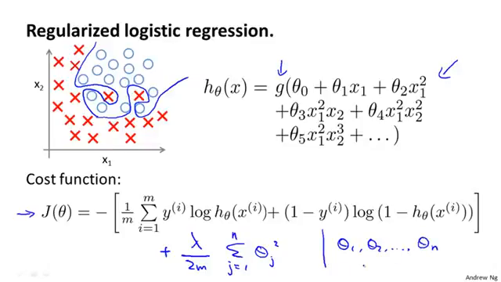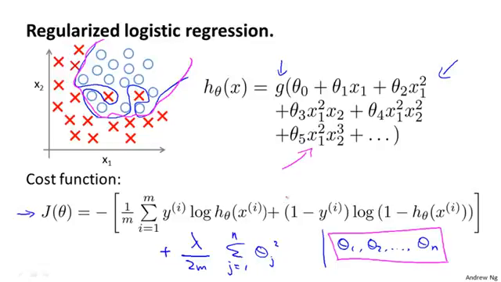And if you do this, then even though you're fitting a very high order polynomial with a lot of parameters, so long as you apply regularization and keep the parameters small, you're more likely to get a decision boundary that looks more like this and looks more reasonable for separating out the positive and the negative examples. So when using regularization, even when you have a lot of features, the regularization can help take care of the overfitting problem.